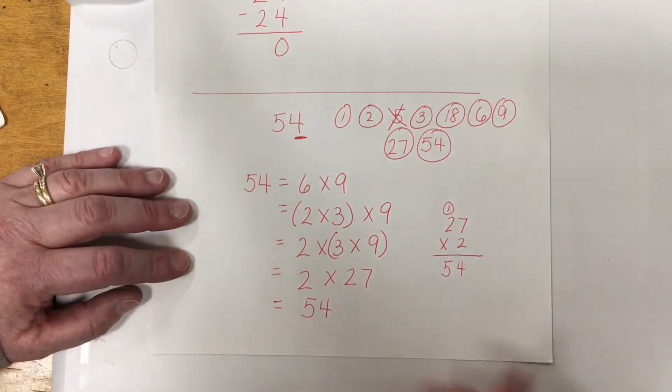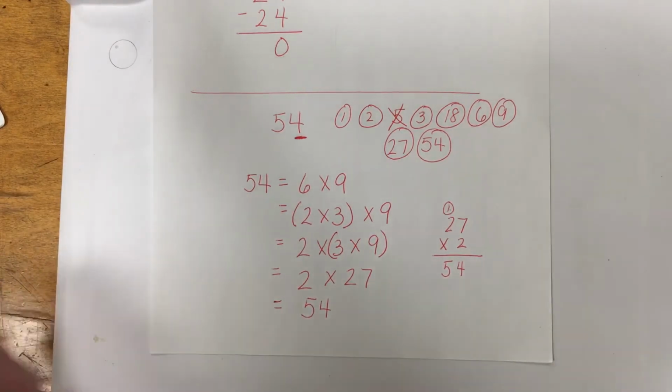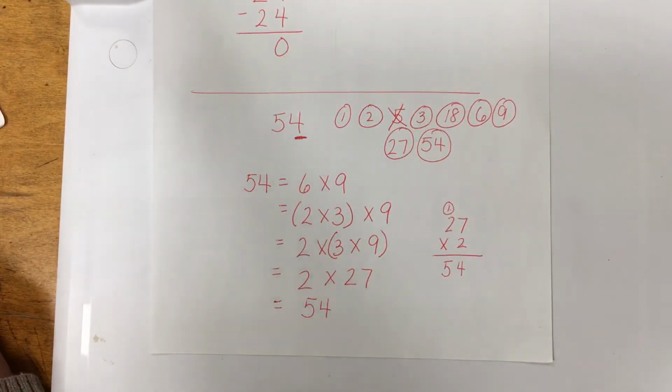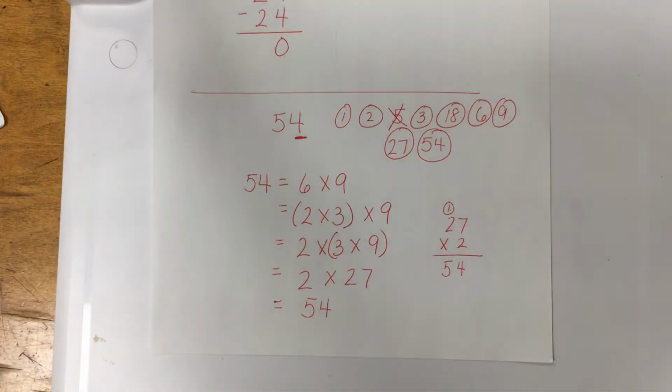So just by using the associative property, I can come up with many other factors. Now, is it tricky? Yes, it most definitely is. I find if it's not a basic fact, the easiest way to figure out if it's a factor, if I can't use the rules of 2 and 5, is to divide.